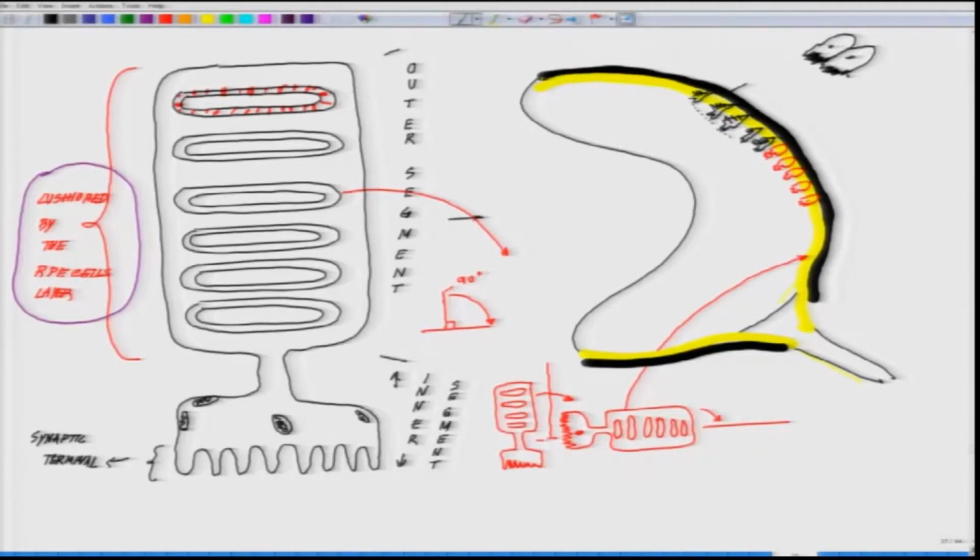This is where it will contact the next layers of cells. The first layer, followed by these synapses, is the horizontal layer, like this.